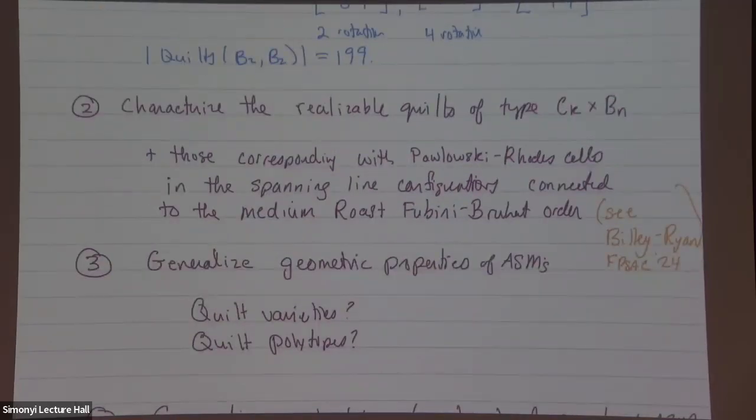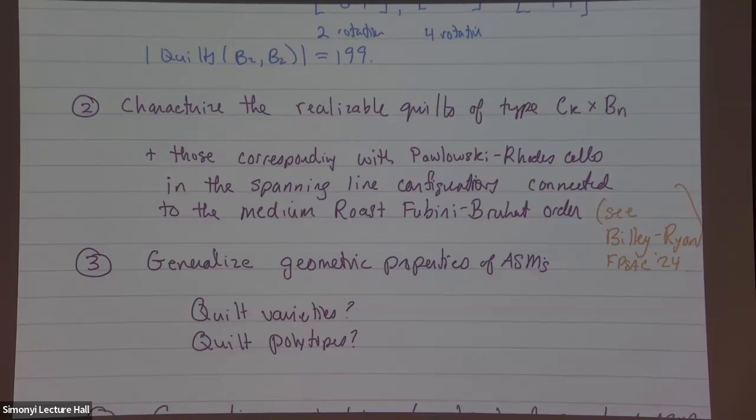And then here's where I'm very interested, a related question, maybe a little easier, I'm not sure: CK cross BN. This would be like a flag matroid, where you have some matroid for all of the ranks 1 through K. I'd like to understand when there is a K by N matrix so that these ranks come from looking at the top so many rows and any subset of columns.